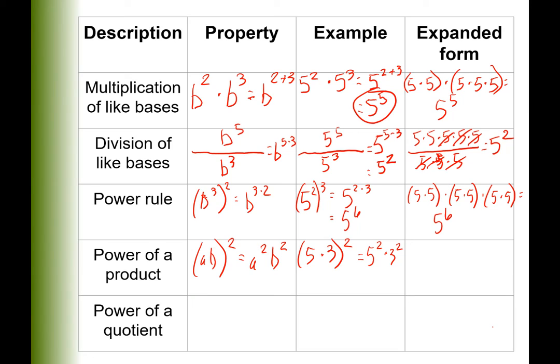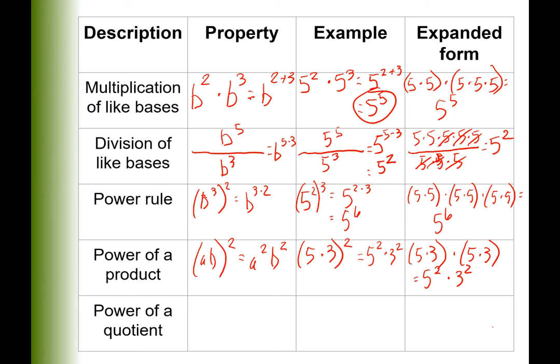This is a similar situation. We have 2 sets of 5 times 3. The first set, and then the second set. We have 2 5s, 2 3s. That's why it is 5 squared and 3 squared.